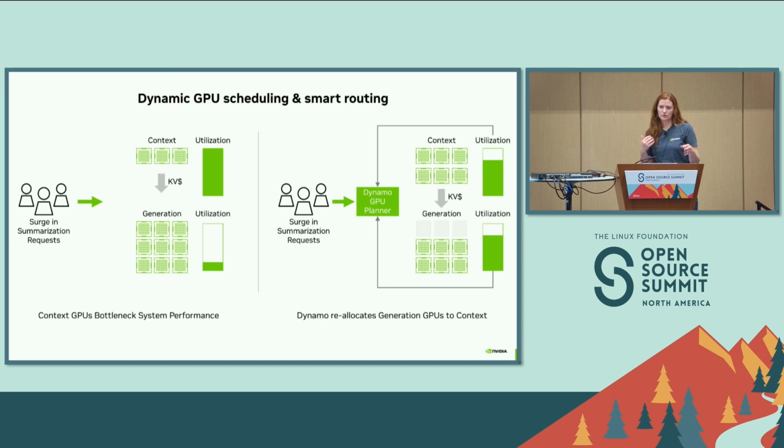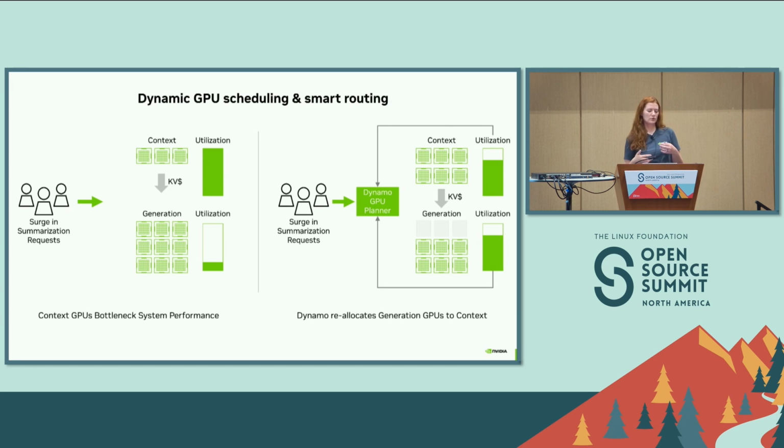When there's a surge in summarization, for example, requests come, and you can see that utilization of the prefill phase becomes almost 100%. However, our generation phase is underutilized. That's not good. And why is this happening?